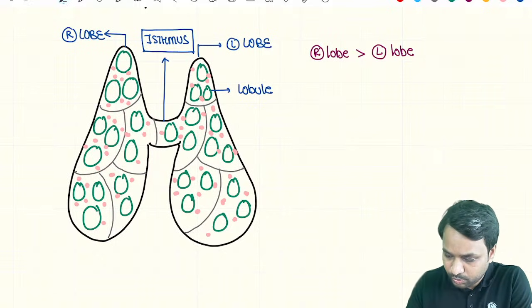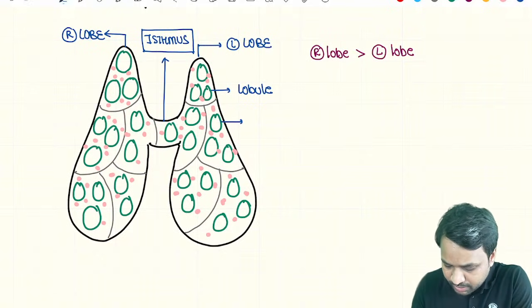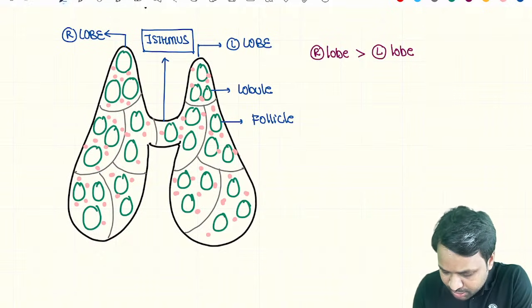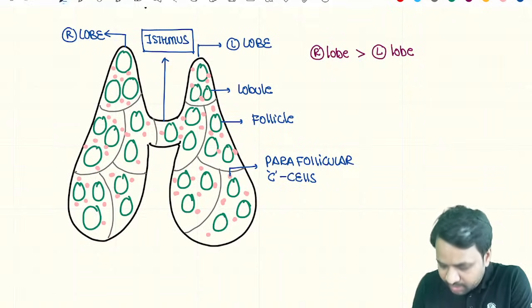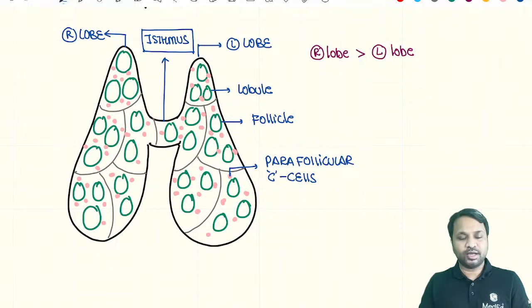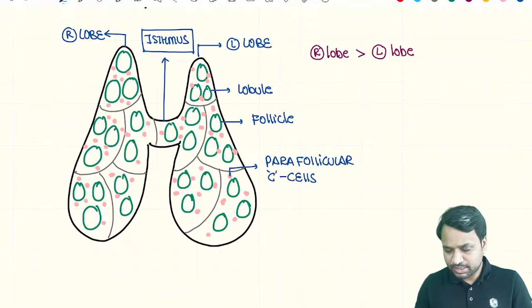This is the thyroid follicle, and the one just around this is the parafollicular C cells. They are the parafollicular C cells, right?